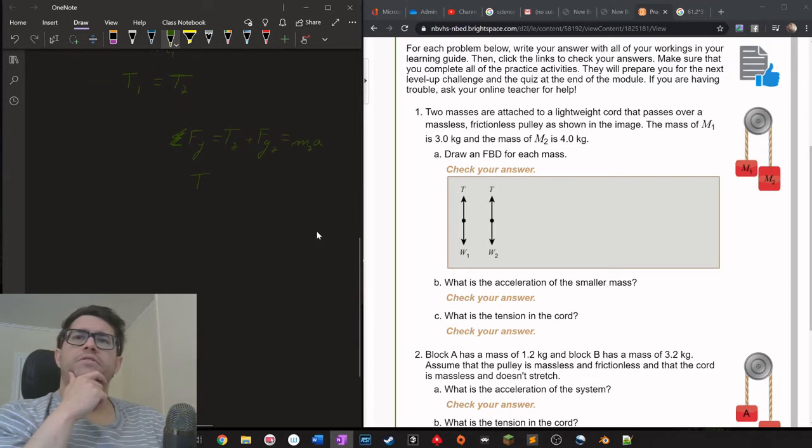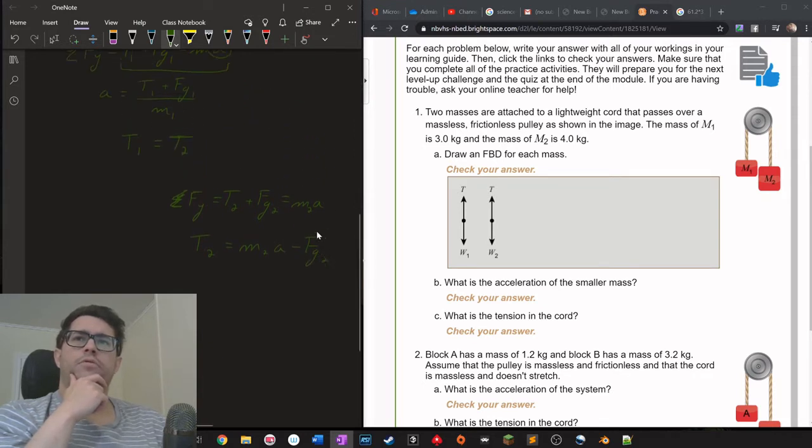And so basically T2 would be M2A minus Fg2, right?